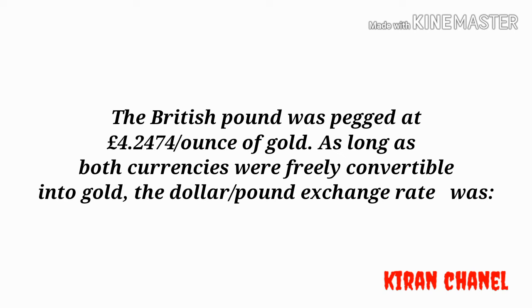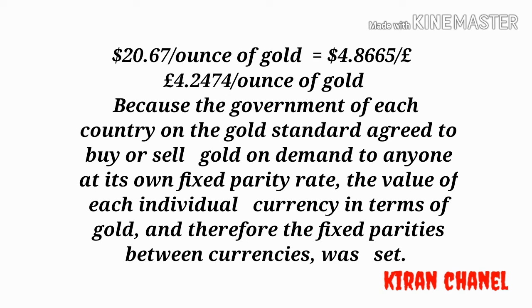As long as both currencies were freely convertible into gold, the dollar-pound exchange rate was $20.67 per ounce divided by 4.2474 ounces, which is $4.8665.